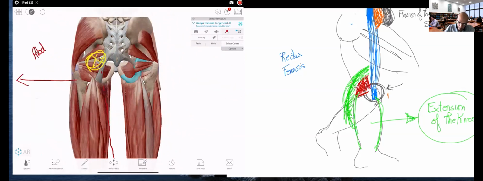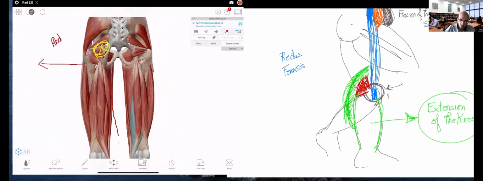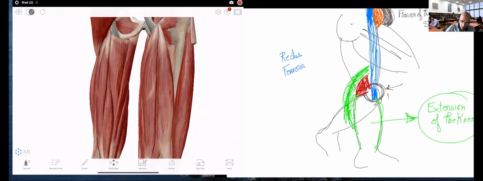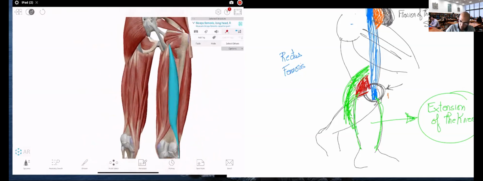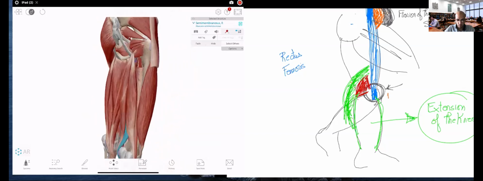See, so biceps femoris, semitendinosus, semimembranosus, what joints are those related to? Hip and knee, right? Anybody confused here?